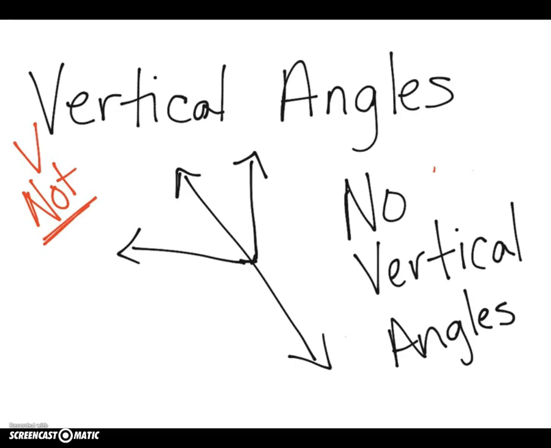You'll notice that there's no X that's created, that they're not straight across from each other, and so that's going to be really important. The one fact that we do have that's really helpful, because vertical angles show up for the rest of the year, is that vertical angles will always be congruent.